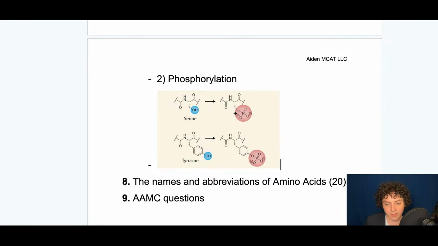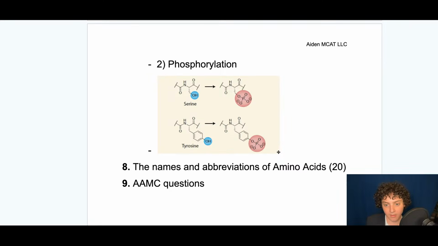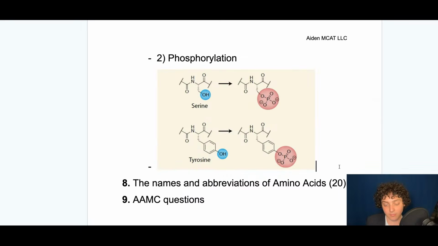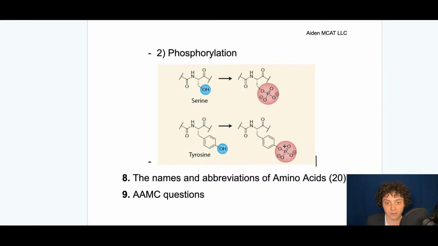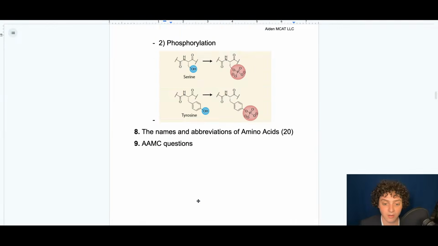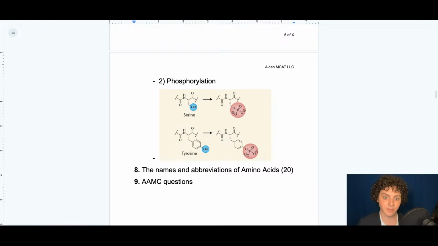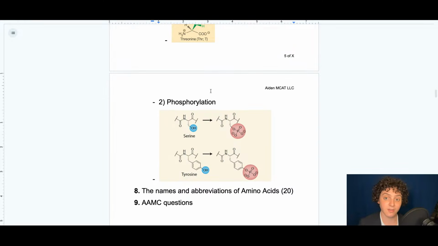Focusing in on the OH, in both of these cases, phosphorylation turns an OH into an OPO3. That reaction is important in countless biochemical processes that occur within the human body. So when we're talking about threonine, serine, or tyrosine, amino acids that have OH groups as part of their R group, the possibility of phosphorylation is there.